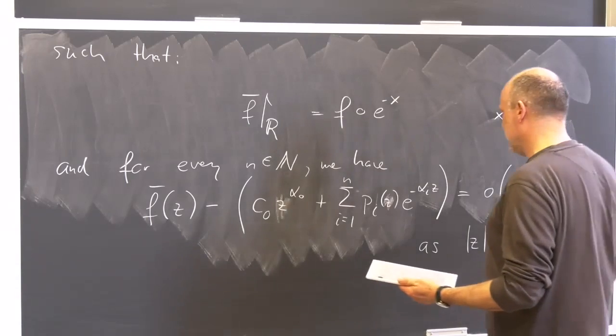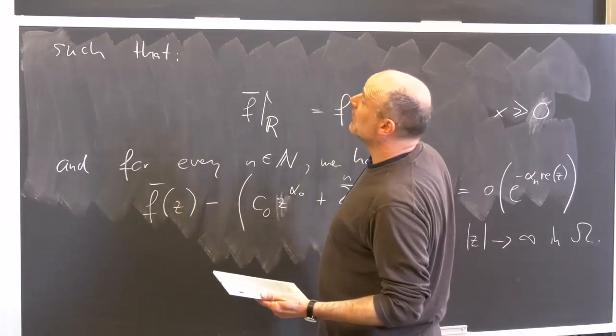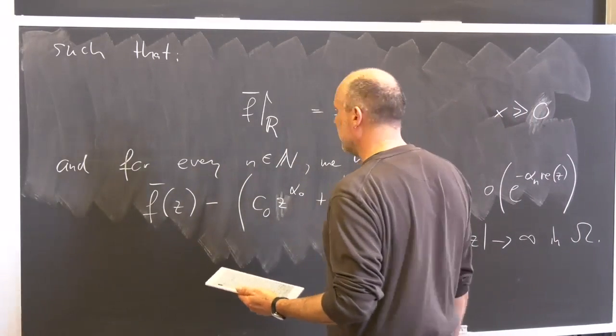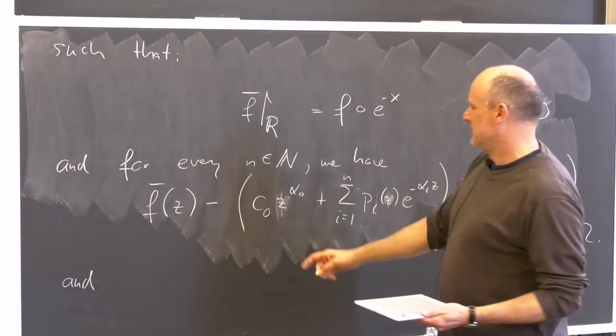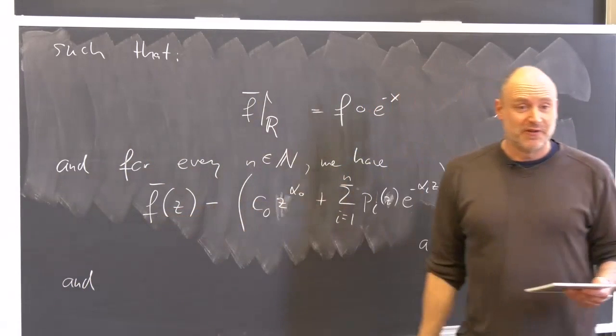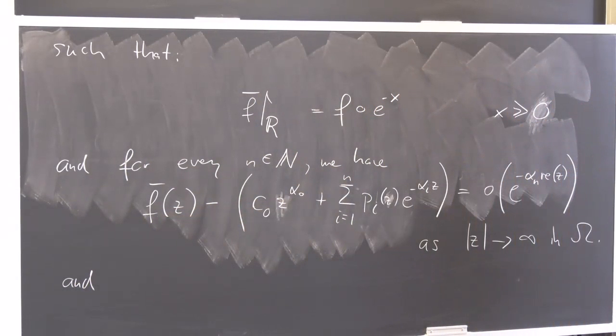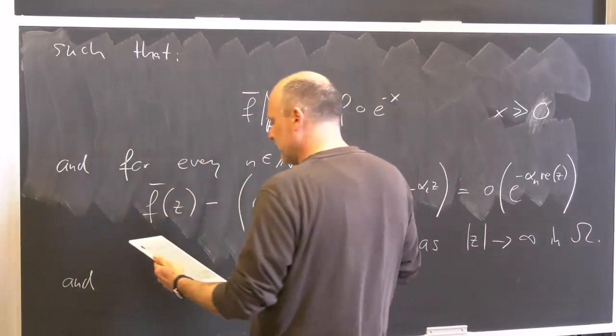And finally, there's one more condition from Ilyashenko. This says something about this function f bar, the holomorphic extension. It's actually biholomorphic between omega and the other standard quadratic domain delta. Oh, sorry, not quite.